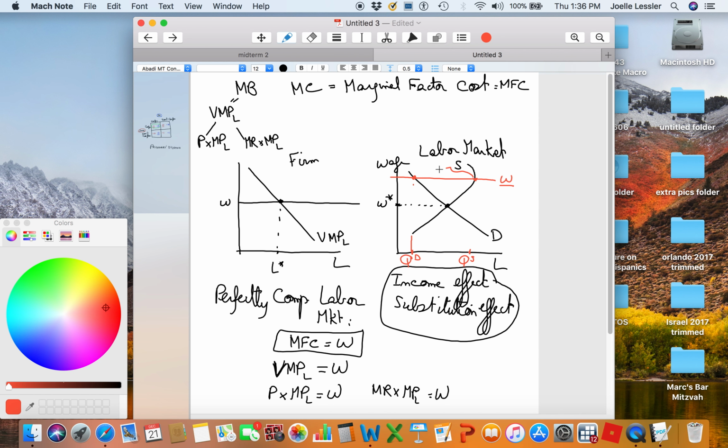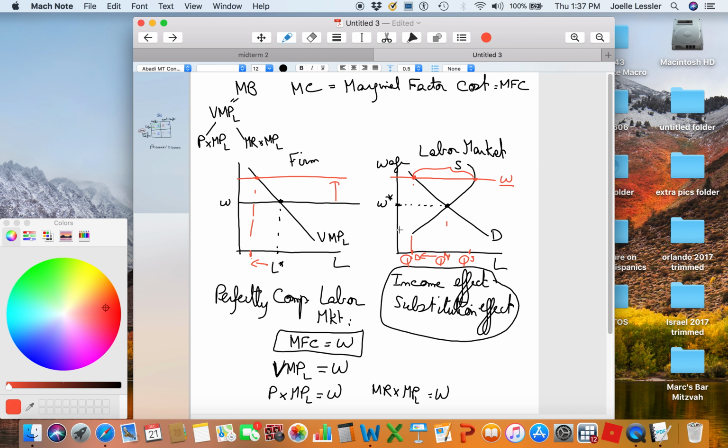There would be an oversupply of workers, and therefore there would be unemployment. Fewer people would actually get hired compared to the equilibrium without the minimum wage. Okay? And this happens at the market level. It also happens at the firm level, because when the wage goes up, each firm similarly reduces how many workers they hire.